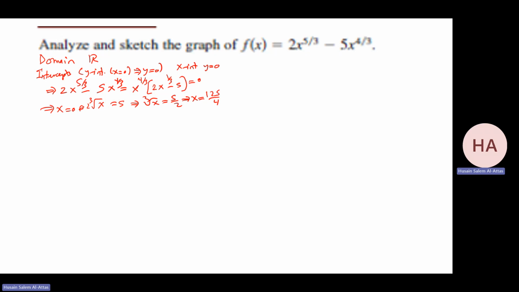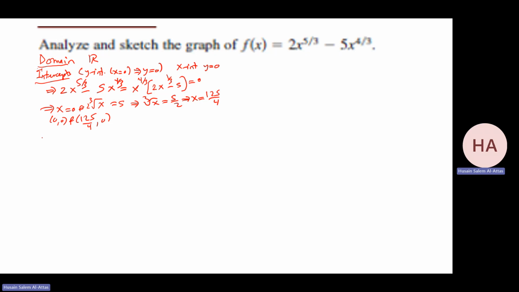Some number like this. Okay, this is the intercept. So I have 0, 0. Okay, what else? Domain, intercept, symmetry: no symmetry. Asymptotes: no asymptotes. The function is defined. We have no problems.